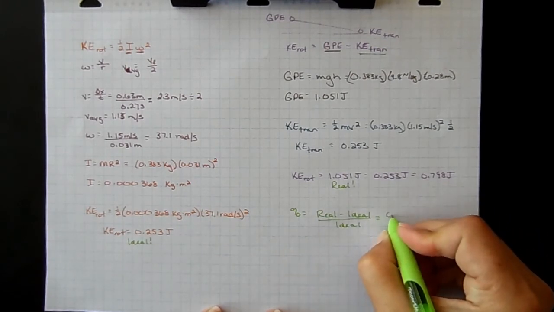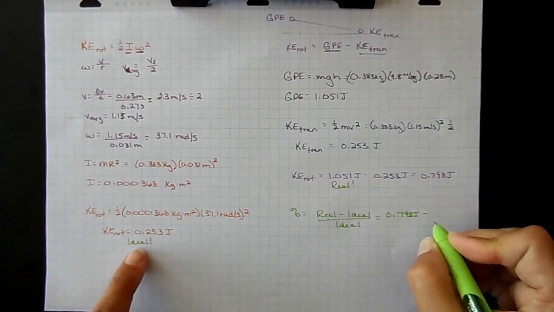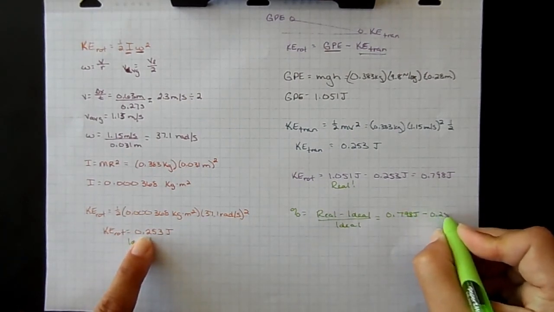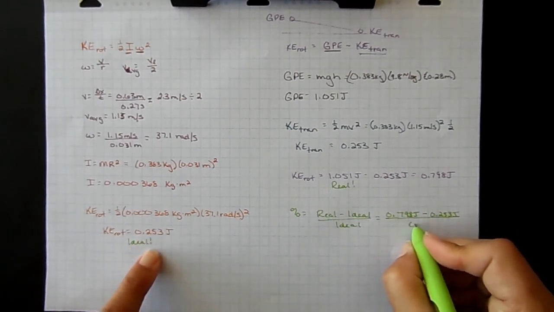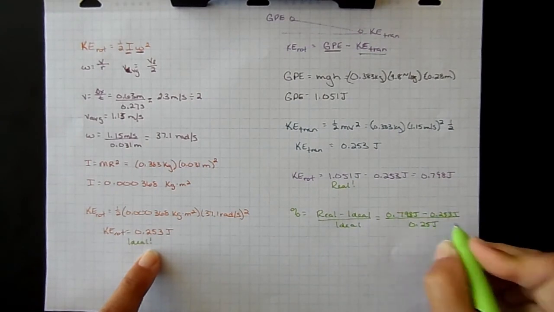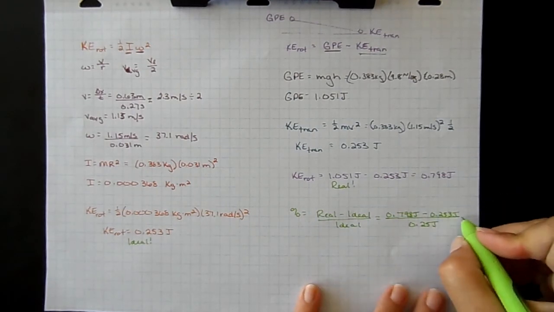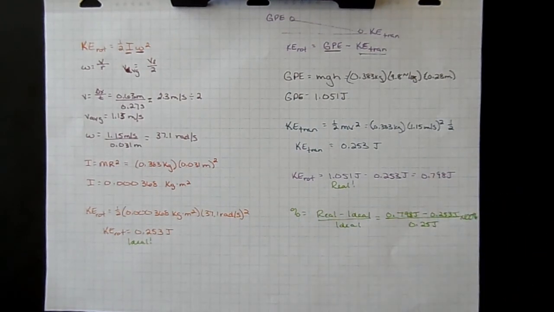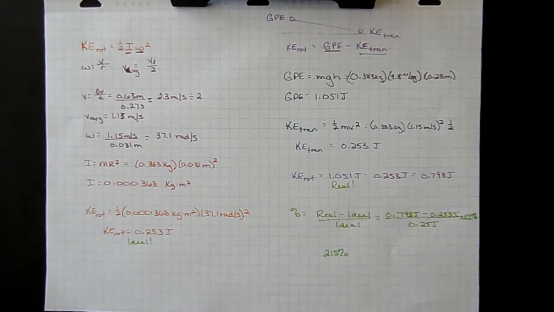So our real was 0.798 joules minus 0.253 joules. Then we divide by our ideal, 0.253 joules, and of course this is multiplied by 100%. So I get a very high number, 215%. So I was way off. Maybe if I actually measured it might be better.